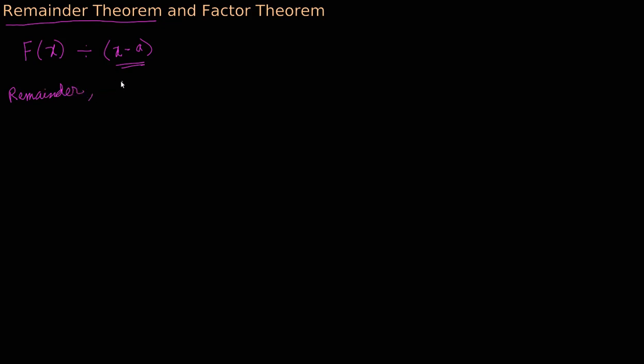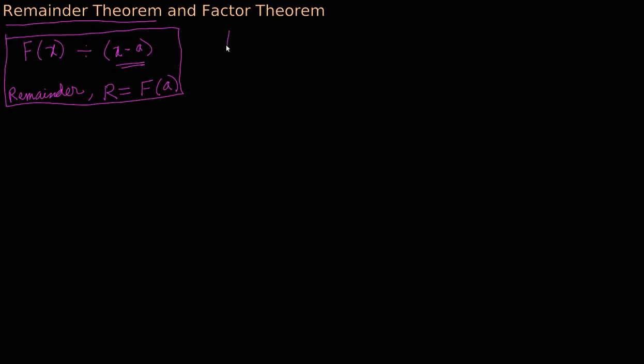And if I express r as a symbol, r will be a function of a. So using that theory, r equals f(a), I can find the remainder. So let us try to solve a problem.